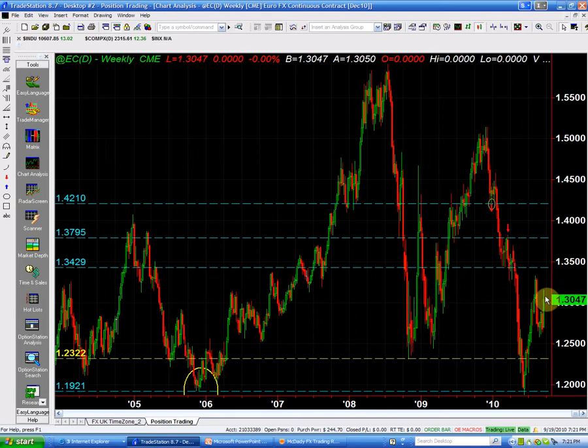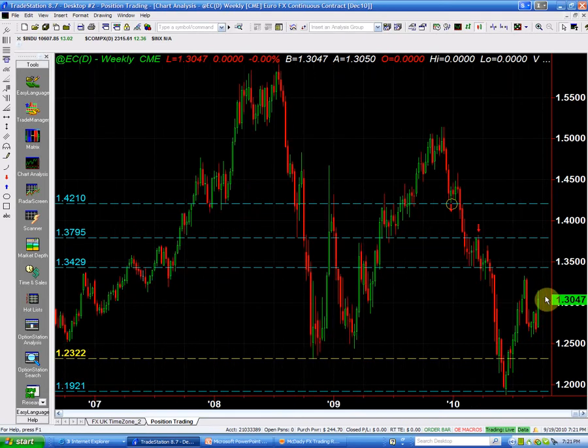Forget the fundamental stuff, but for the time being we have no reason to turn bearish on the euro. This is still a buy signal for the euro, and we should be looking for a continuation to the upside. Let's see what the daily chart is doing.